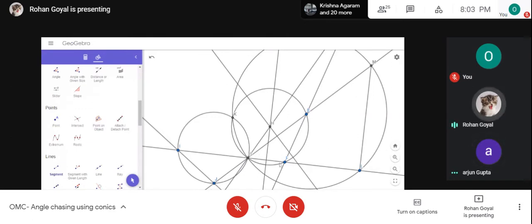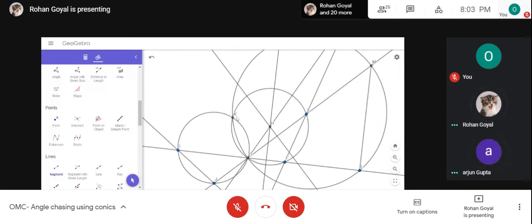FI by EJ is a constant as F and E vary because of the constant speeds. So FI by EJ, because of the spiral similarity, is what? KF by KE.